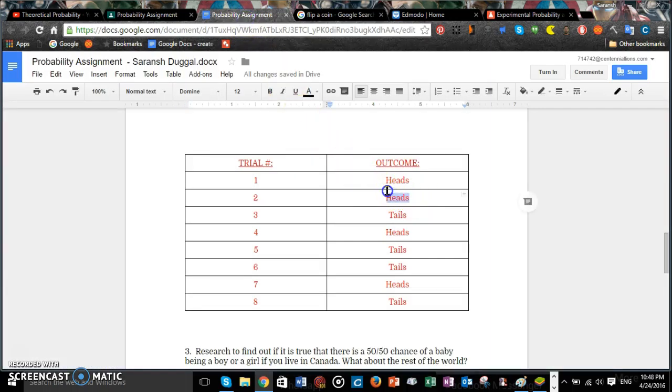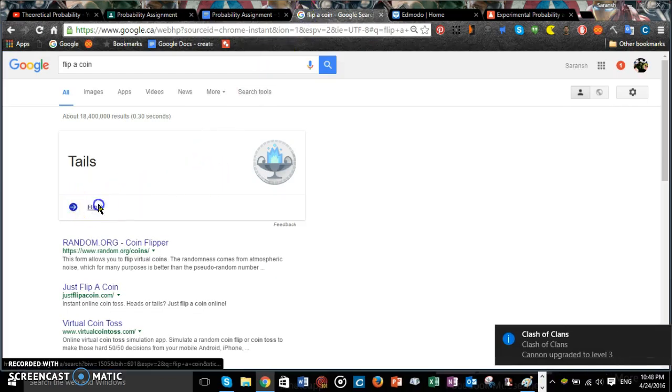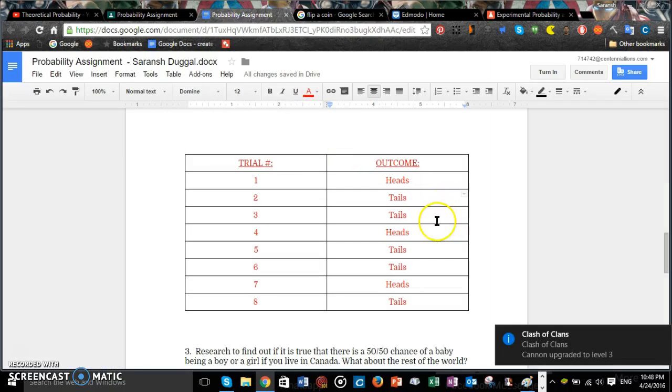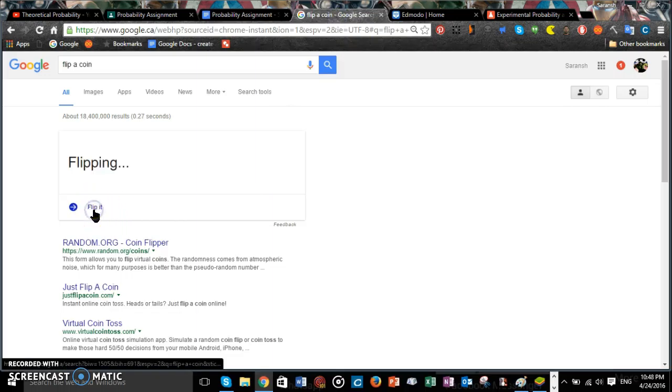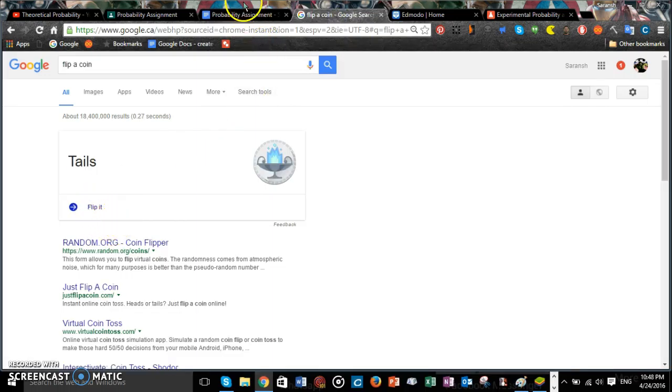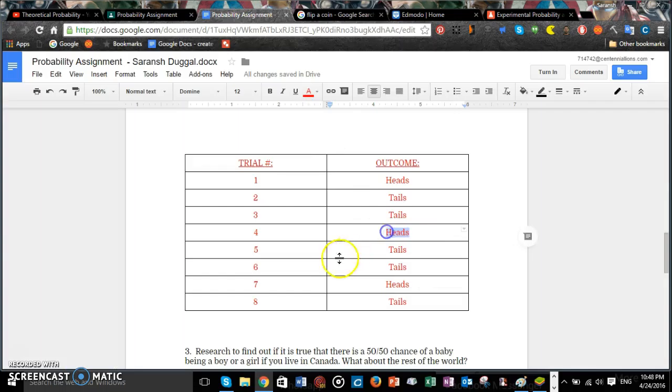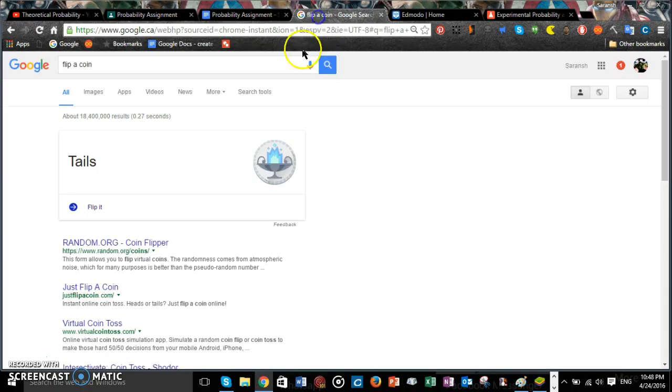Tails. So let's change this. Tails. Next, tails again. So that's fine. Next, tails. So we've got 3 tails in a row.